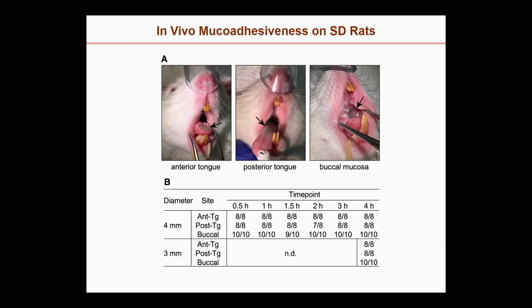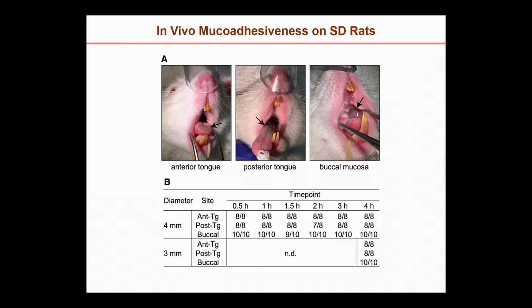And next we test the in vivo attachment of the patch by putting the patch on the front dorsal side of the tongue, shown in A, the left panels, or the posterior side of the tongue in the middle part, or on the buccal mucosa. We put different sizes of the patch over a period of time between half an hour up to 4 hours.